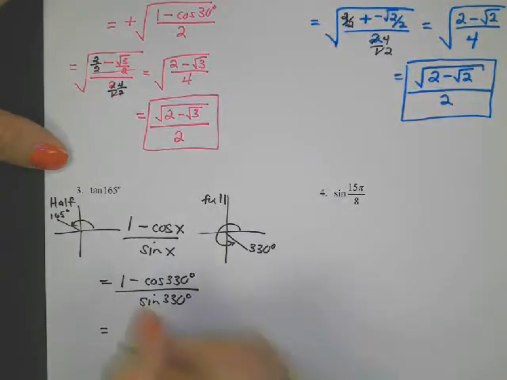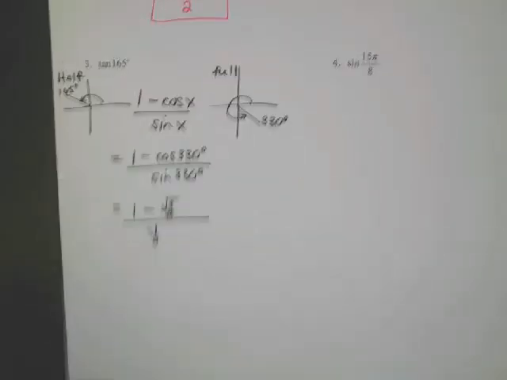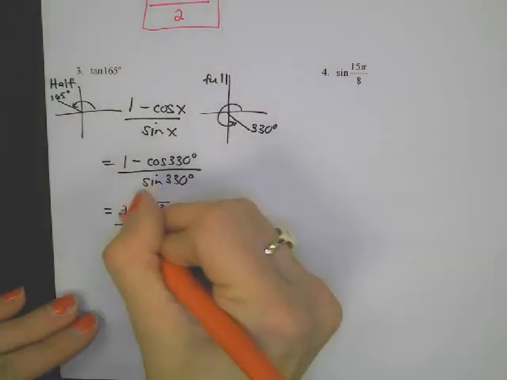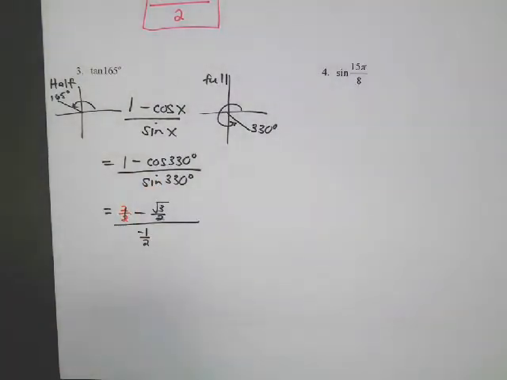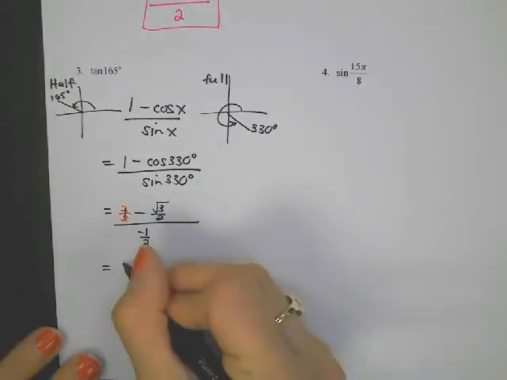Okay, it's unit circle time. 1 minus, what's the cosine of 330? Radical 3 over 2. What's the sine of 330? Negative 1/2. How should I write that 1? As 2 over 2? Okay, we've got a lot of denominators of 2, which means all those denominators cancel.